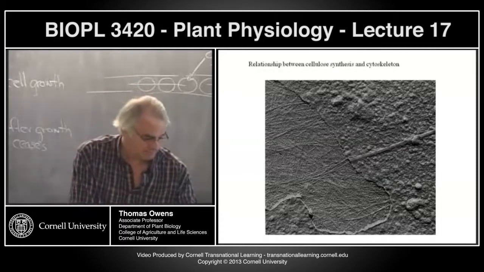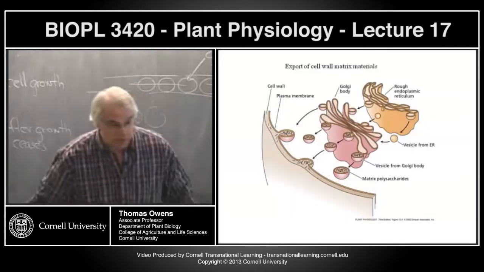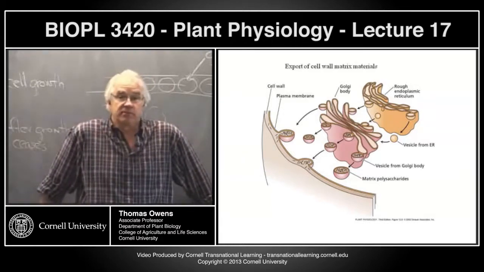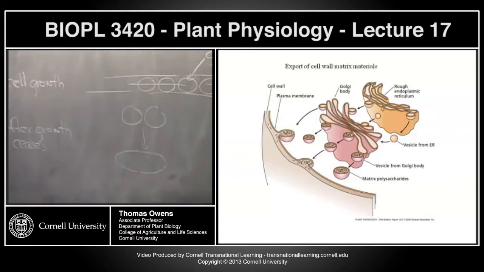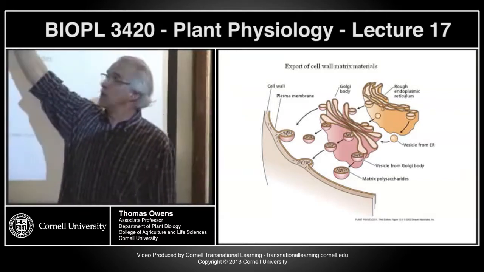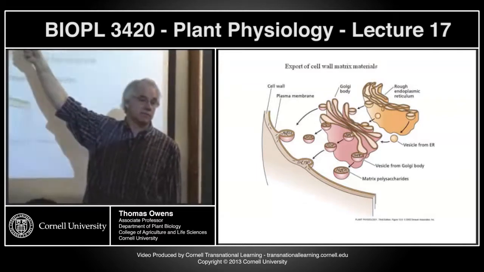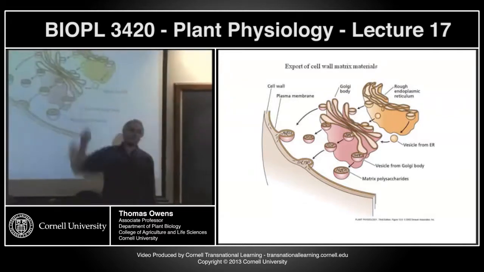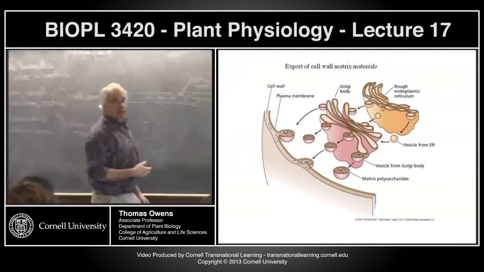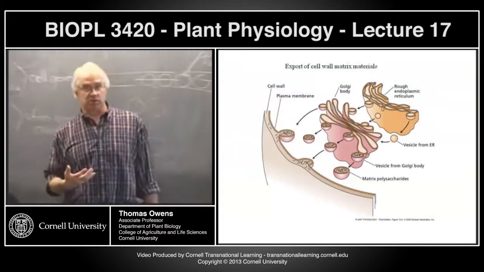Okay. So let's switch gears for just a second to talk about how the matrix materials are made. We've already given the main clues to this. The matrix materials are made largely in the Golgi apparatus. So in the lumen of the Golgi, there's lots of machinery for synthesizing carbohydrate polymers.